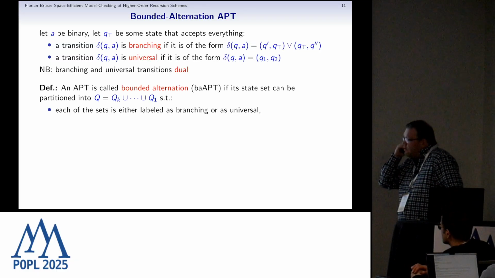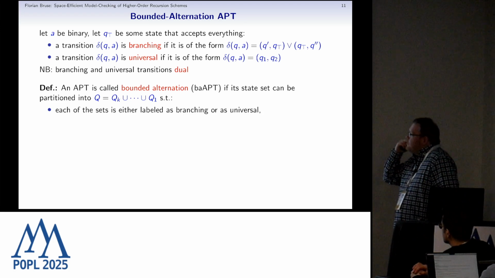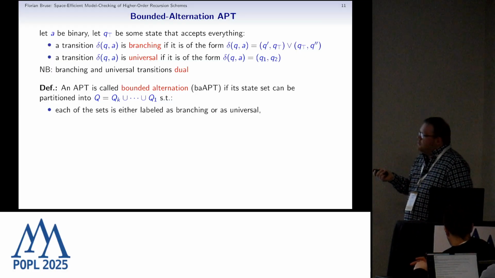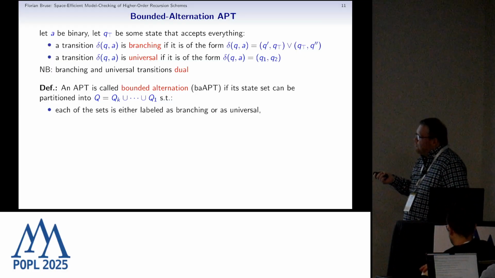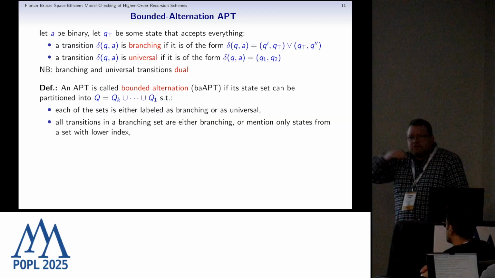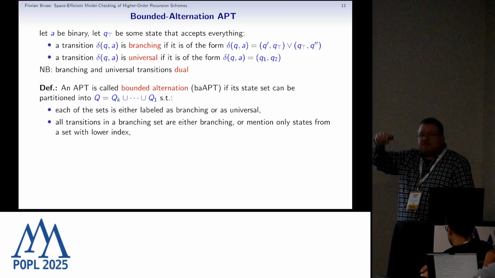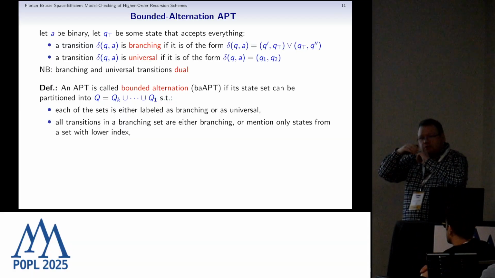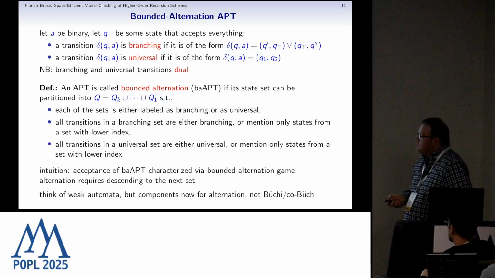And then we call a parity automaton bounded alternation if we can partition the state set into finitely many components such that each of the sets is labeled either as branching or universal. And in a branching set, all the transitions are branching or they go to a set with lower index. So if you want to switch, you have to pay by a descent into a lower component.